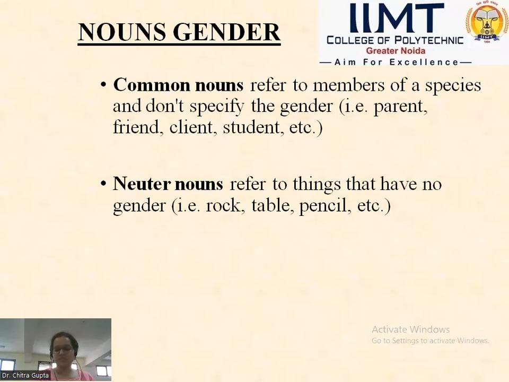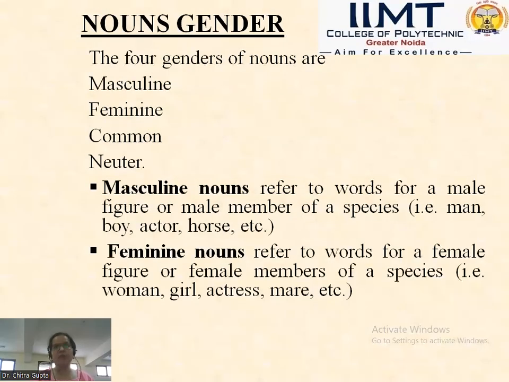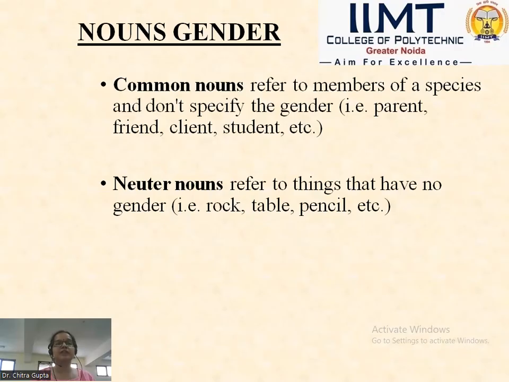Common nouns, common gender, generally refer to members of a species and don't specify their gender. In this, we don't specify whether it is the masculine, male gender or the feminine, female gender.